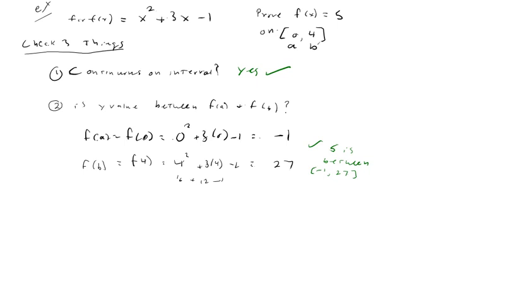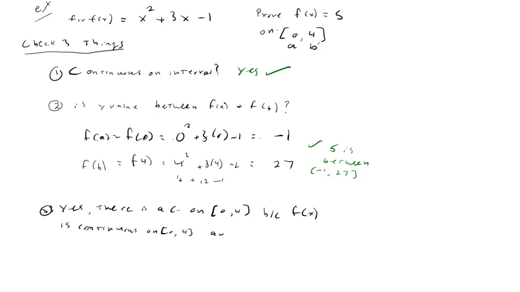And so we can state, number 3, yes, there is a c on the interval 0 to 4 because f of x is continuous on 0 to 4 and 5 is between negative 1 and 27.